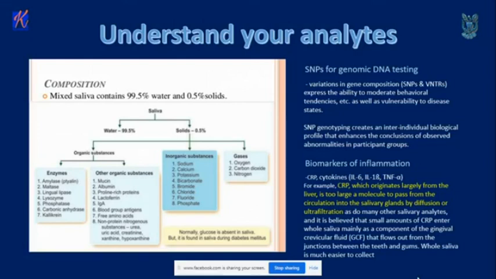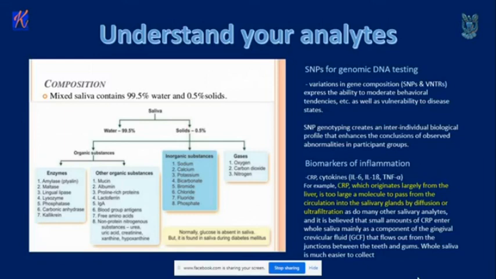Again, for example, if I am trying to do certain analysis of biomarkers, these are proteins, and most commonly, like for example, you have heard much about C-reactive protein, that is CRP, then cytokines. So all these are biomarkers of inflammation, right?